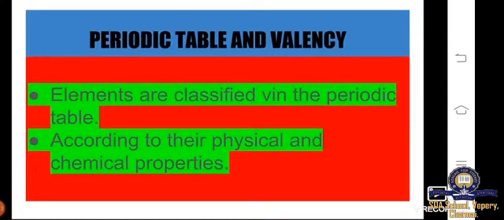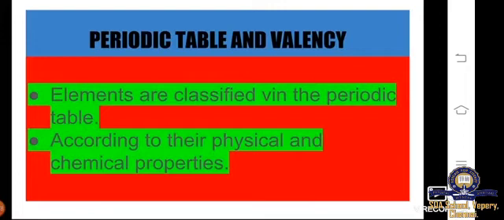Periodic table and valency. Before that, what is the periodic table? The periodic table is nothing but an arrangement of elements, classified based on the atomic number. Elements are classified in the periodic table according to their physical and chemical properties. We already studied in lesson 2 what is physical property and chemical property.